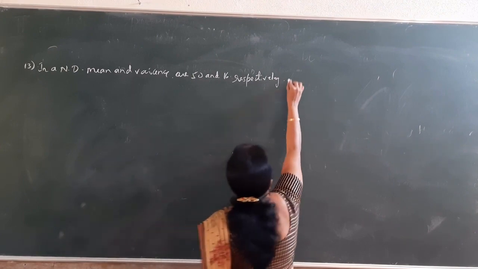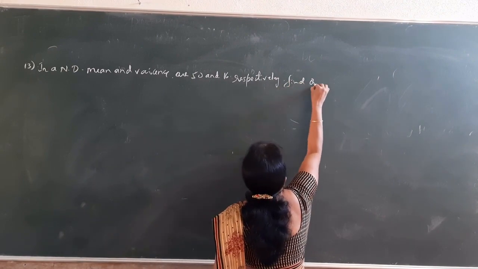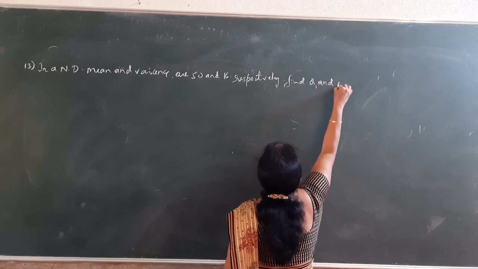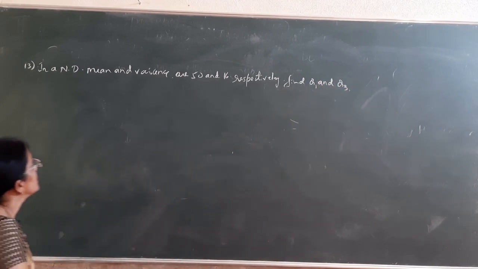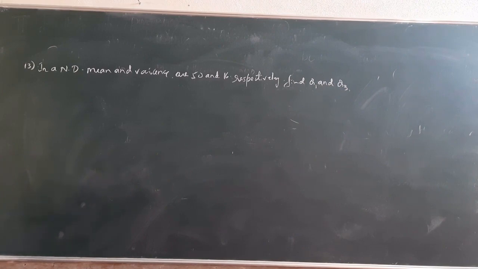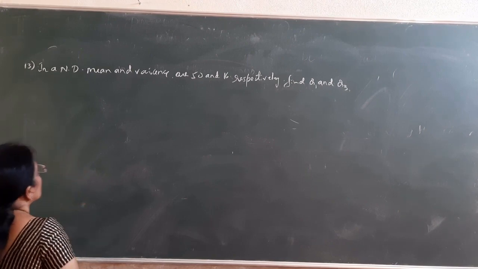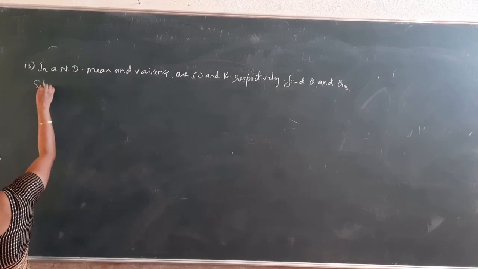Find Q1 and Q3, right? So what is given now? In a normal distribution, mean and variance are 50 and 16 respectively. Find Q1 and Q3. So first write the given values.